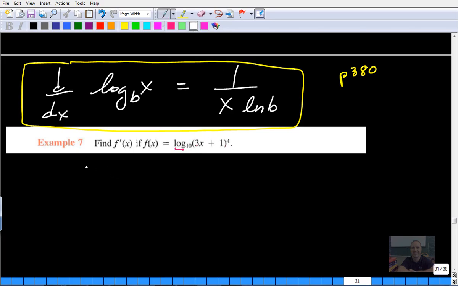Now, I'm going to remind you of a law of logarithms that is going to make this a little bit easier for you. Because remember, if we can simplify something before we take the derivative of it, a lot of times it's going to make our life a little bit easier. So, who can tell me what law of logarithms is going to make this easier? How can I rewrite this a little differently?